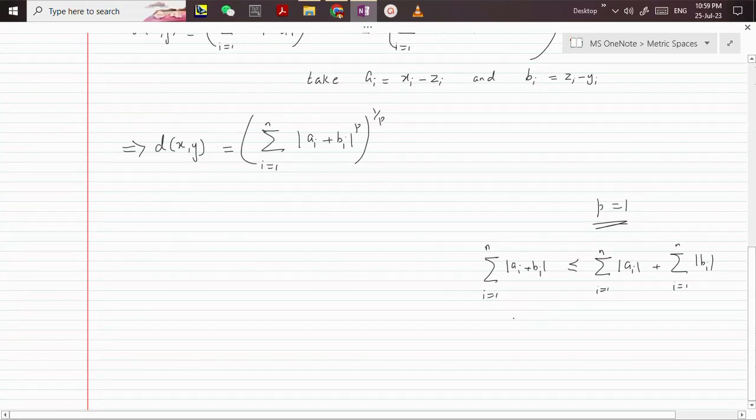Why? Because for i equals 1 we have |a1 plus b1|, which is less than or equal to |a1| plus |b1|.